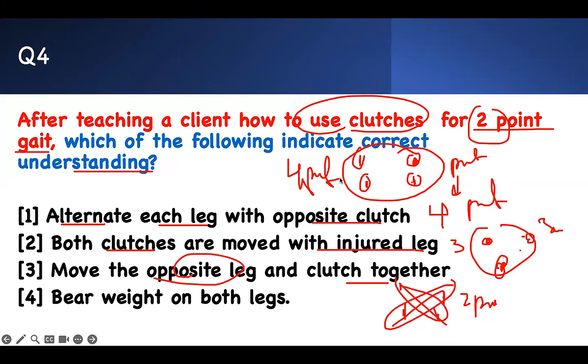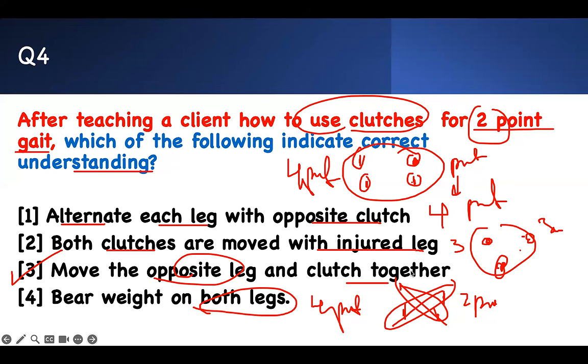I hope this makes sense. Then bear weight on both legs. As you can see, you move one crutch followed by the leg, one crutch followed by the leg. This is 4 points, which means you are bearing weight on both legs. So 2-point gait is like you walking.